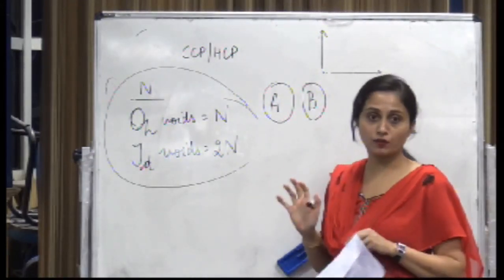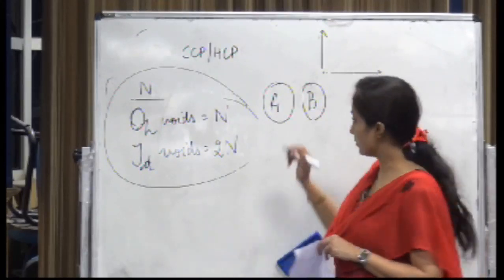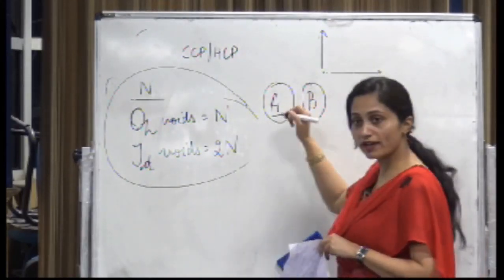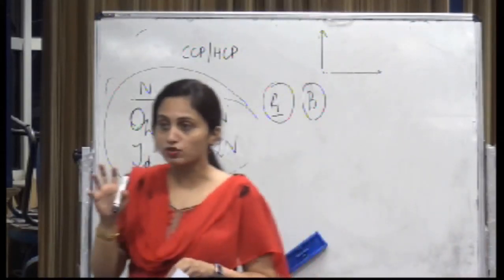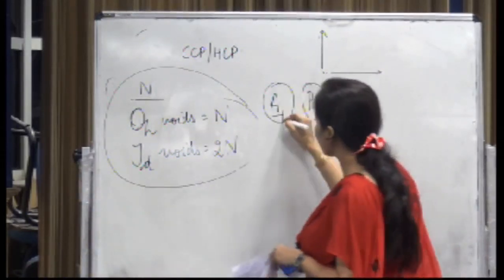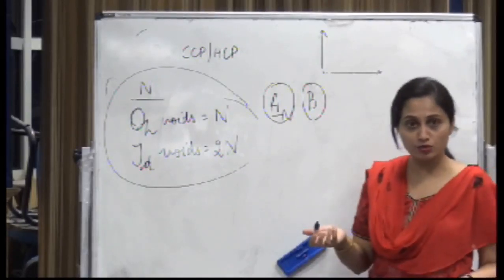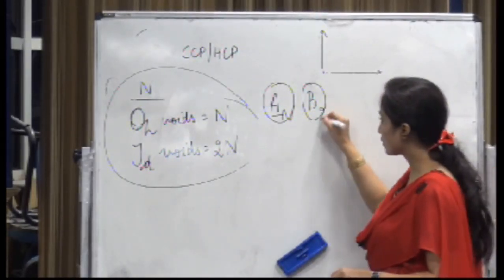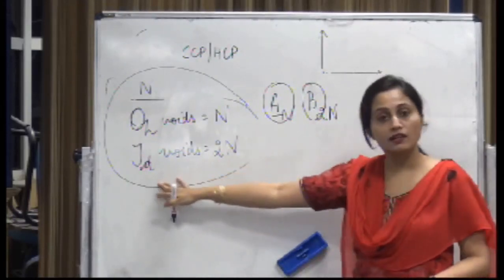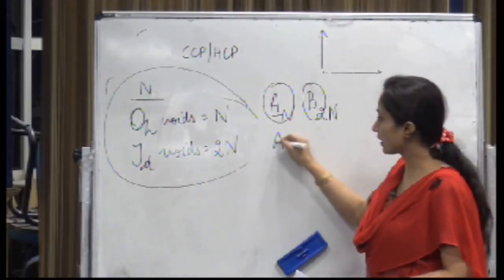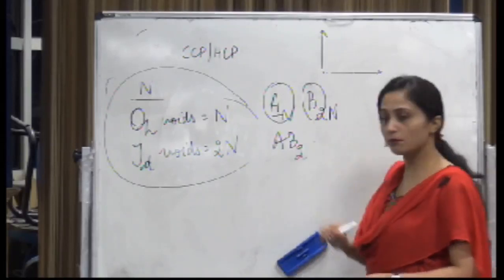What is the formula of the compound? AB2. Why? Because A occupies all the lattice positions, which means it occupies n positions. What will B occupy? It will occupy 2n positions, because B occupies all the tetrahedral voids. So the correct formula for the compound will be AB2.